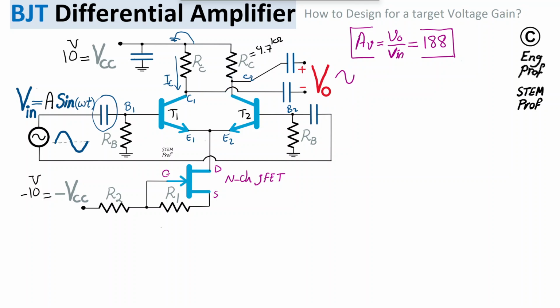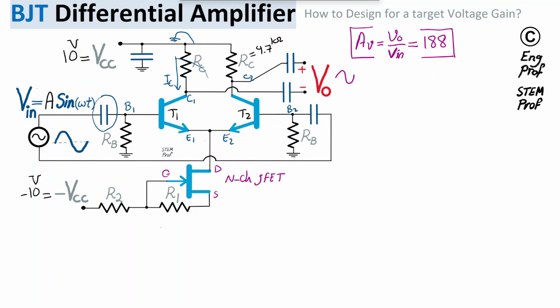Now, the plan is like this. The 188 desired AV, or voltage gain, of this differential amplifier is given. My plan is to figure out how the circuit is operating, and from there figure out the formula for AV, and then plug in the 188 value, and hopefully from there figure out the DC bias, or current IC, for the two transistors.